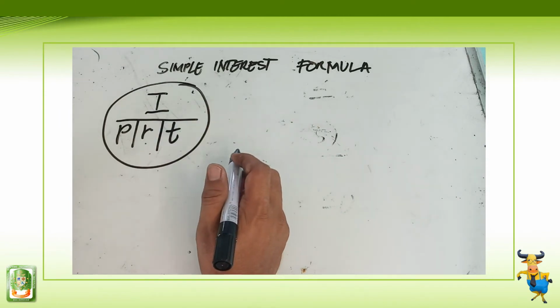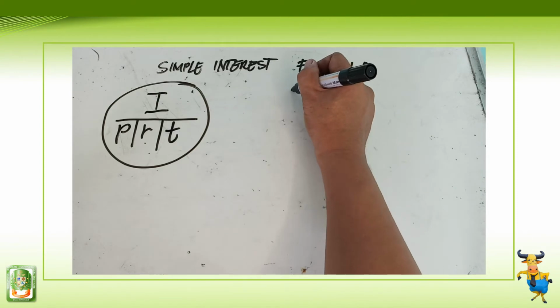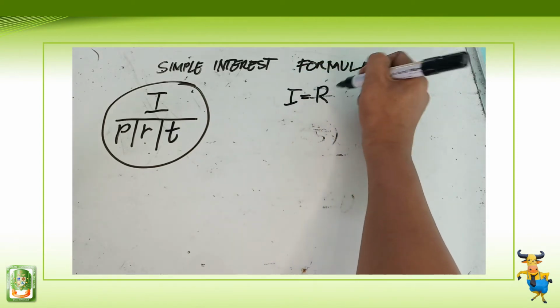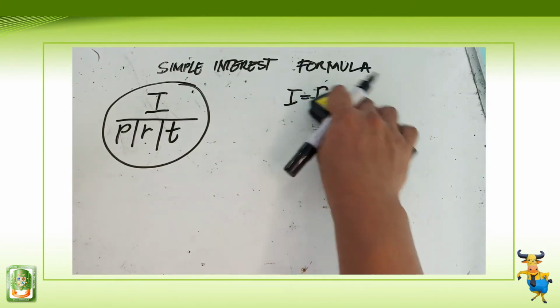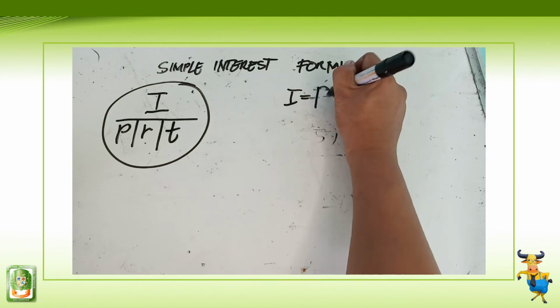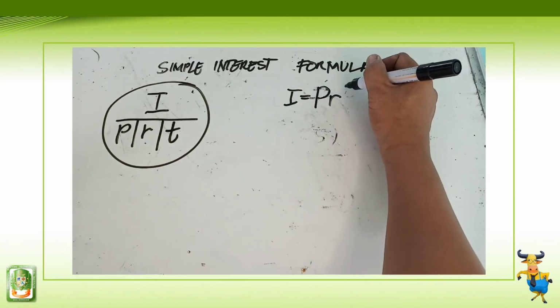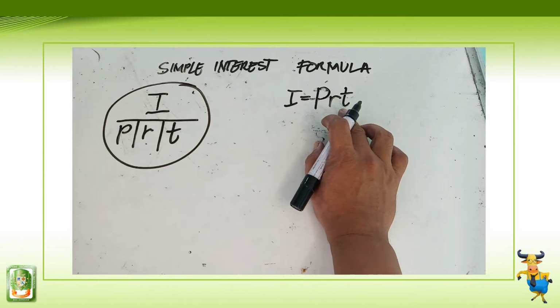Yan po. Una. So, the interest is equal to the principal times the rate of the interest times the time or the term in years or fraction of a year.